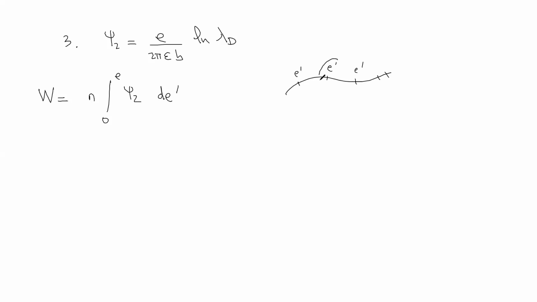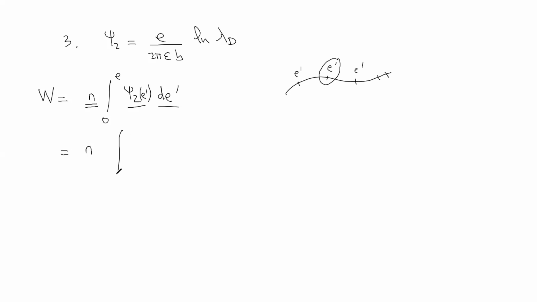This is the charge on DNA, and I will branch it from 0 to its final value E, and I will calculate the work. The product of potential and charge is an energy. I calculate the work when I branch the charge on DNA, and so here psi2 is not a function of E but E prime, the integration variable. I do that for one polymer chain, but for every charge on DNA.